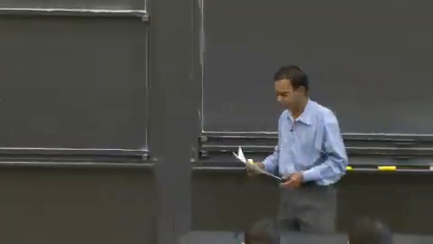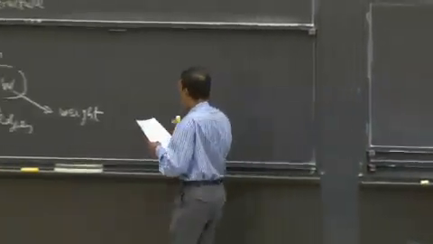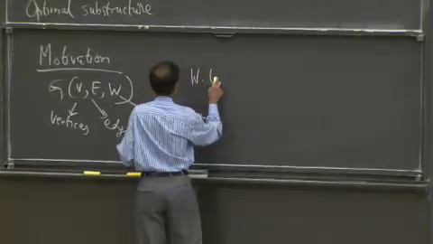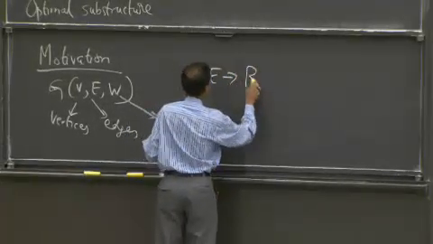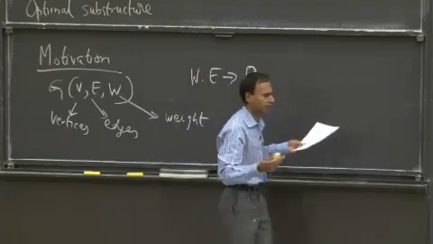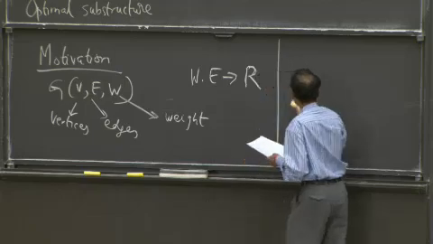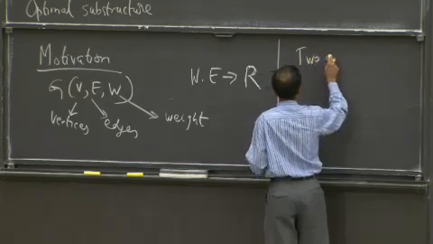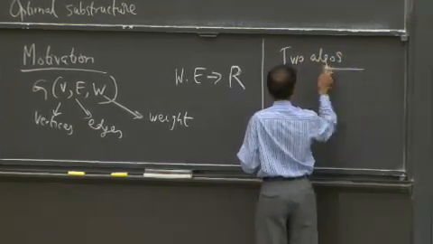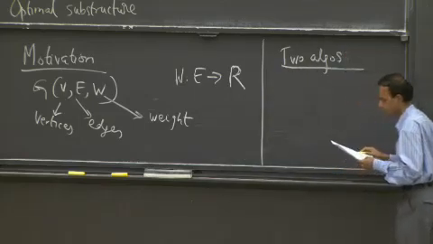We're adding that in here. So W would be E to R, the set of real numbers. We're going to be looking at two different algorithms in subsequent lectures, and you'll implement one of them in your problem set.